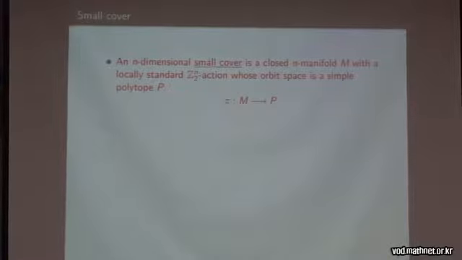First, an n-dimensional small cover is a closed n-manifold with a locally standard Z_2^n action, and its orbit space is a simple polytope.